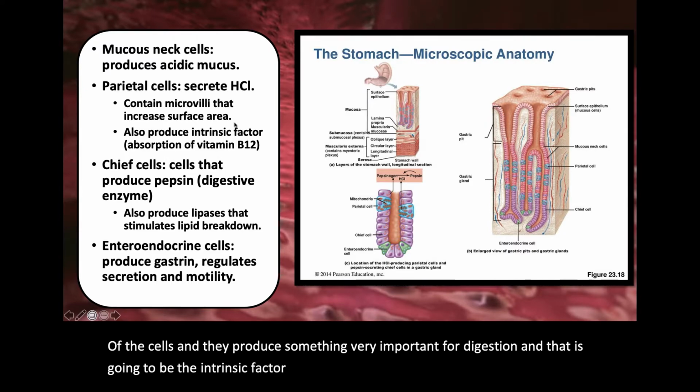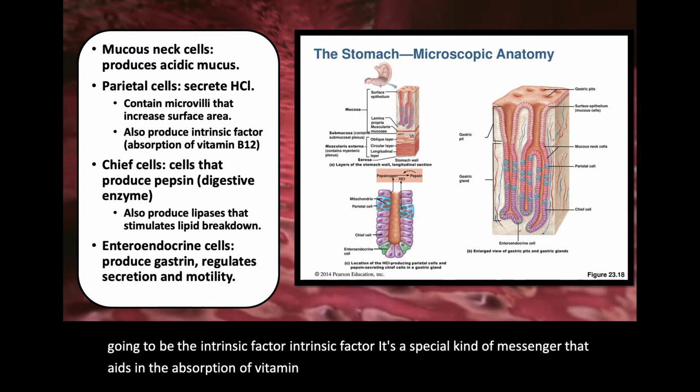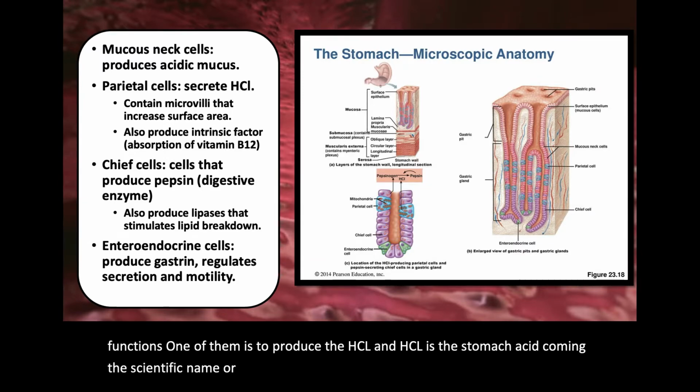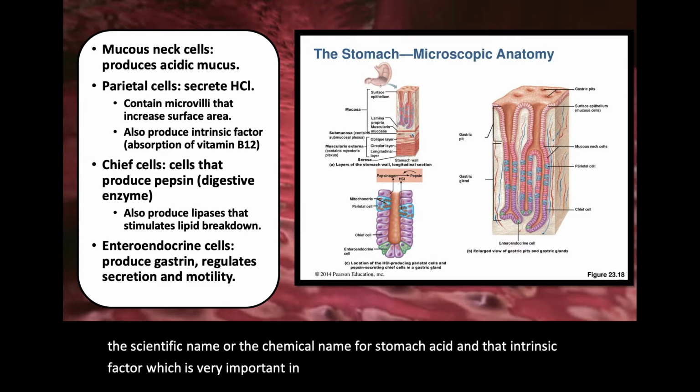Intrinsic factor is a special kind of messenger that aids in the absorption of vitamin B12. So those parietal cells have two main functions. One of them is to produce HCl, the chemical name for stomach acid, and the other is the intrinsic factor, which is very important in the absorption of B12 later on in the process.